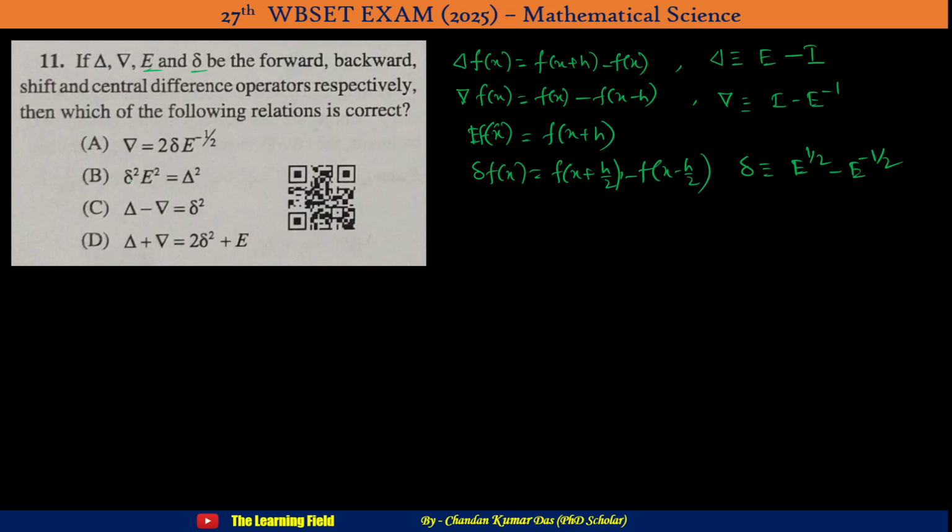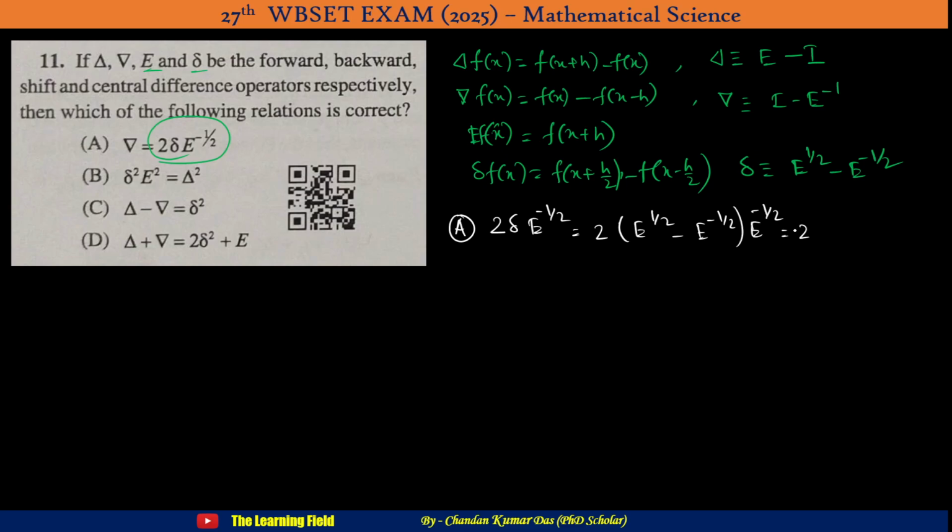So what is backward delta? Backward delta means forward delta times E to the power minus half. So for option A, if we calculate the right side, 2 delta E to the power minus half, delta means E to the power half minus E to the power minus half, into E to the power minus half.